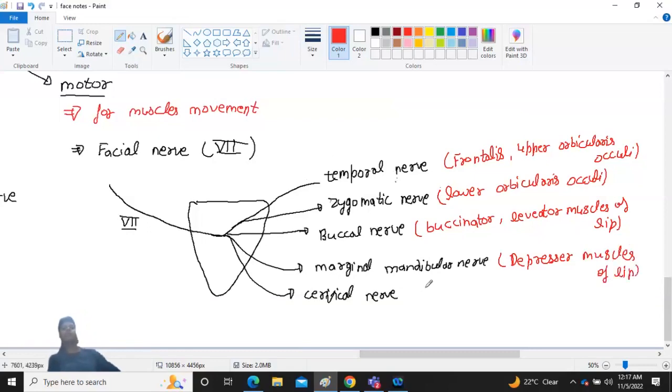And in the cervical region, we have the platysma muscle. Done. So these are the motor supply of the face. You can write motor supply of face.